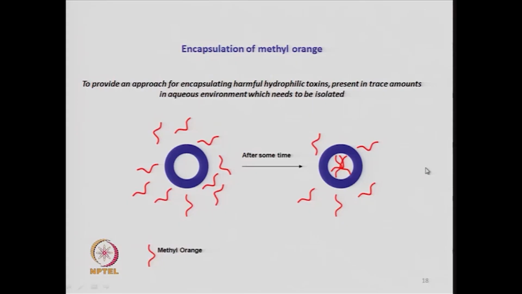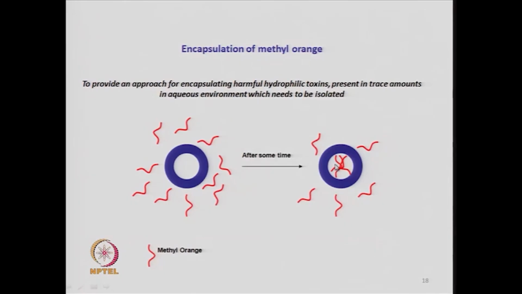Now, how you can use these hollow shells is, for example, you can trap organic molecules which act as pollutants. Here this is the shell, and these are the organic molecules which cause pollution in the water, and if you put the shells in water, after some time these molecules get trapped inside.